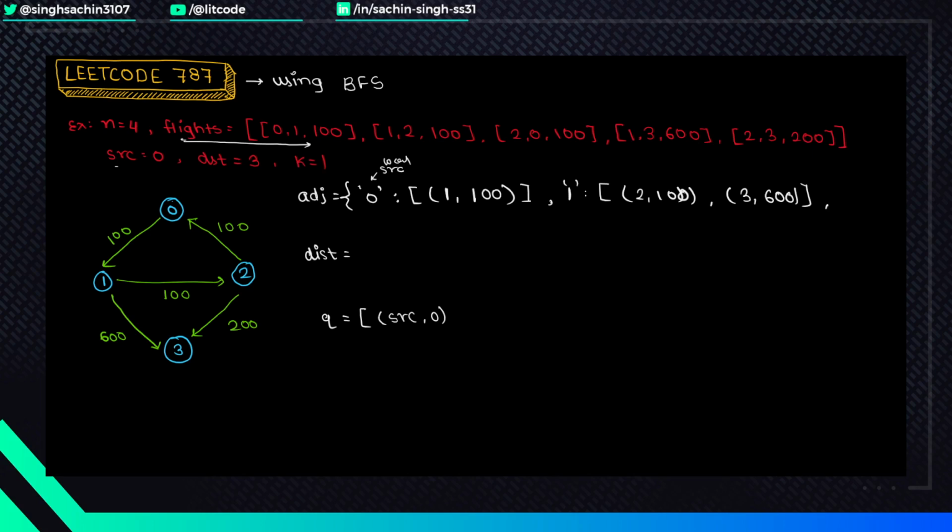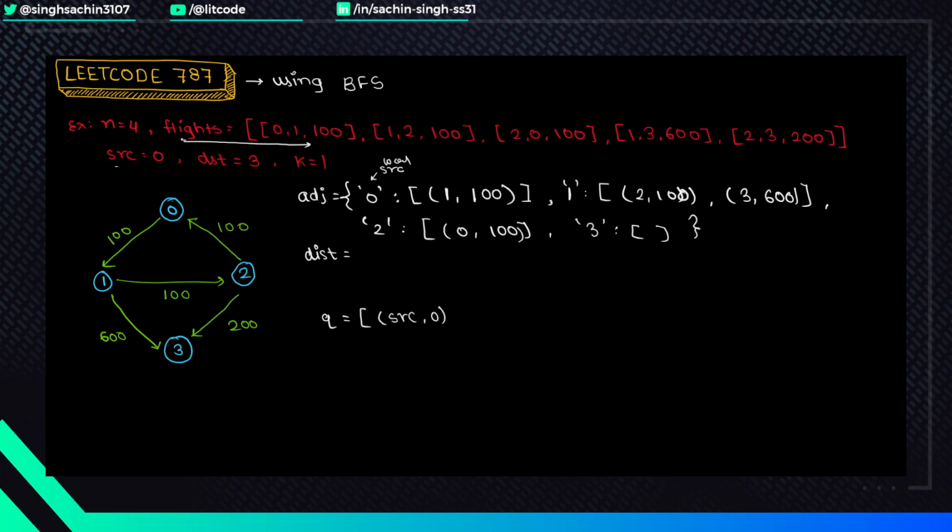Next we have 2, you can reach 0 with price 100, and we have 3, and it will be empty because there are no outgoing edges from this one. So this is the kind of hash map which I will prepare.